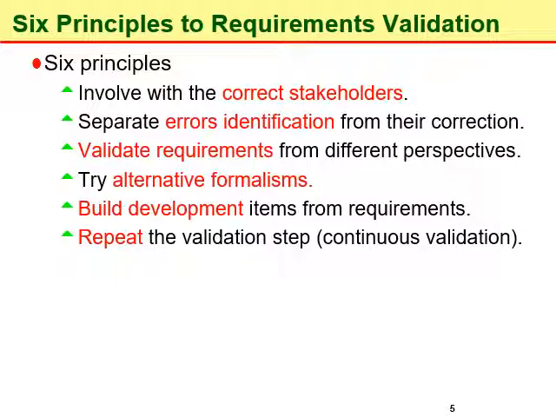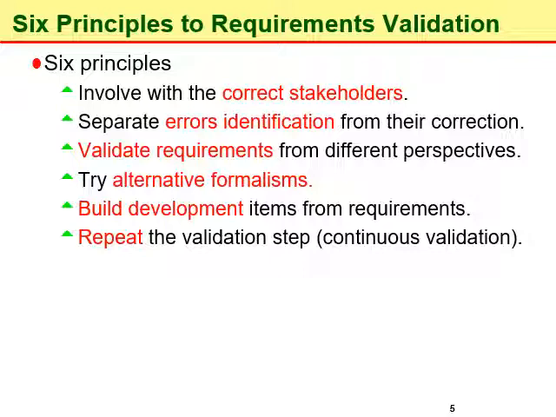Here we will see six principles of requirements validation. The first of these principles is to involve the correct stakeholders. That is, the individuals who know much about the requirements and can verify whether the requirements that are being presented for validation are the genuine needs of the users should be involved in the validation process.